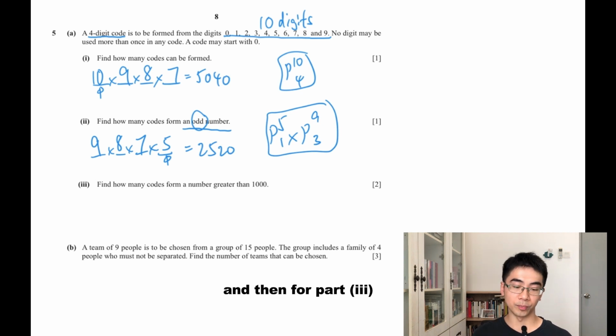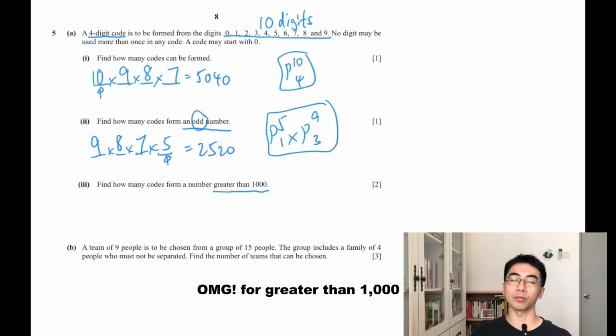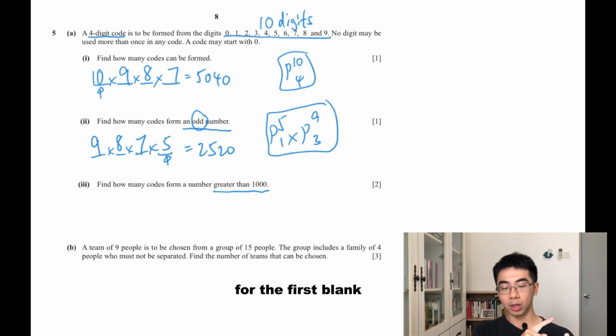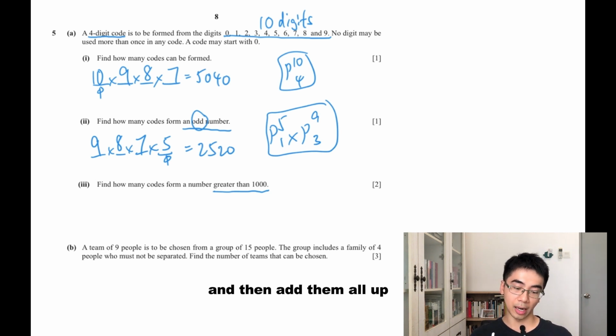And for the last one, it's a little bit tricky because this time we need to form a number greater than 1000. For greater than 1000, we can start with 1, then 2, then 3, and so on until 9. Actually, you can think about that and add them all up. But we can also do it the other way around.